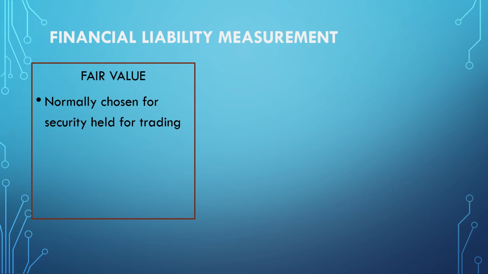Normally, we choose fair value for securities held for trading because the value can be retained in practice, and for other financial liabilities it is assumed we choose fair value to reduce any accounting mismatch. That is for the accountant to provide the justifications.